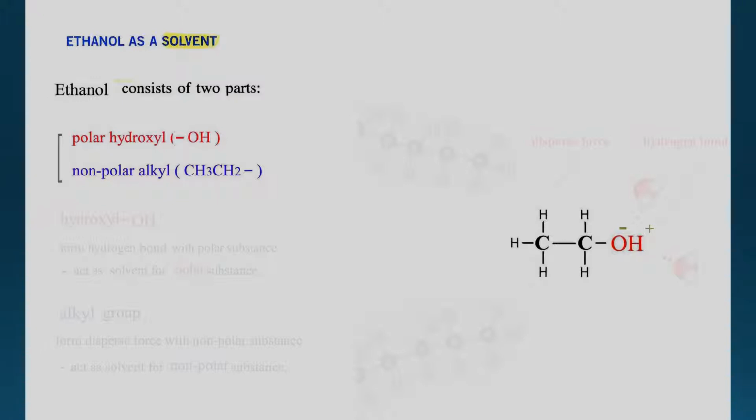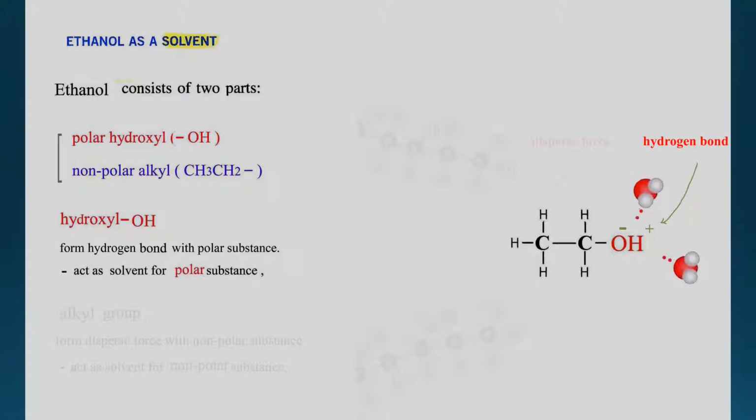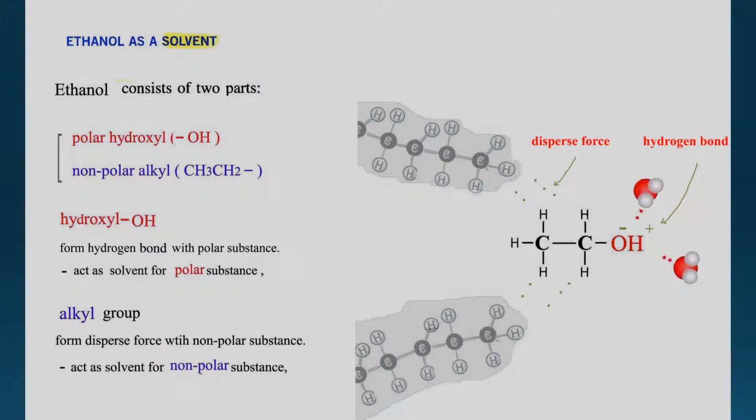Now let's look more closely at each part. The hydroxyl part, the OH, can form hydrogen bonds with polar molecules, so it makes ethanol a good solvent for polar substances. But the alkyl group, the non-polar hydrocarbon part, follows non-polar dissolves non-polar. It forms dispersion force with non-polar molecules, so it can also act as a solvent for non-polar substances. So students, ethanol has a very interesting property: it has two parts.